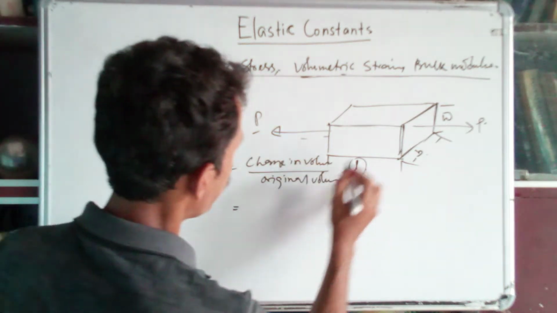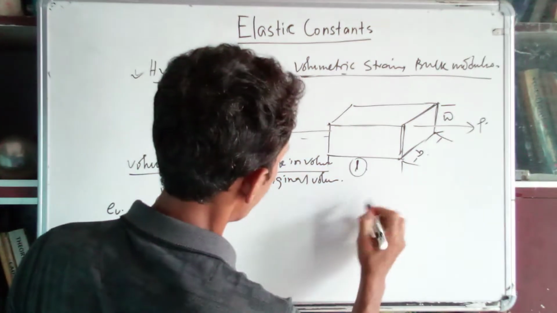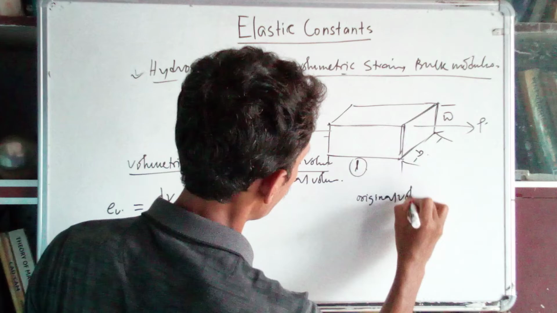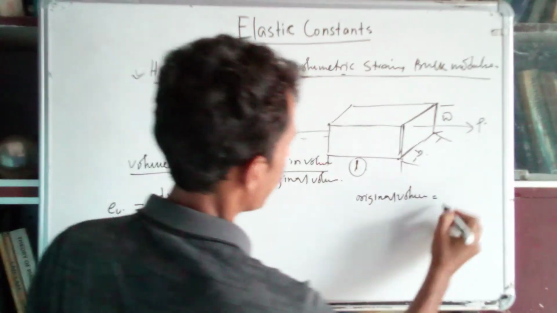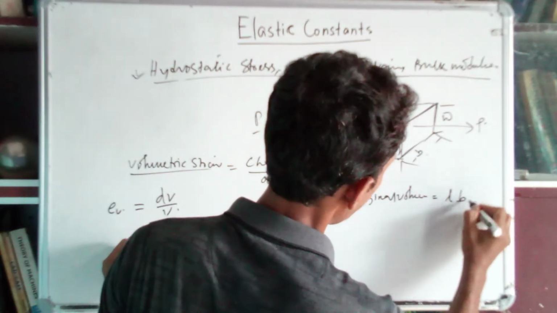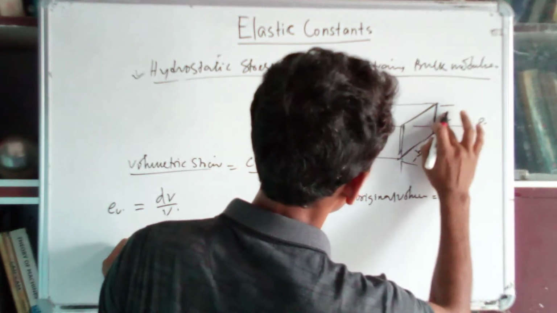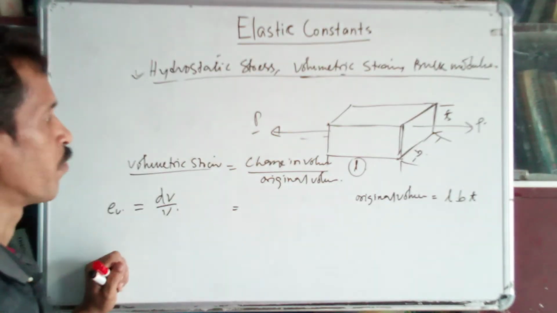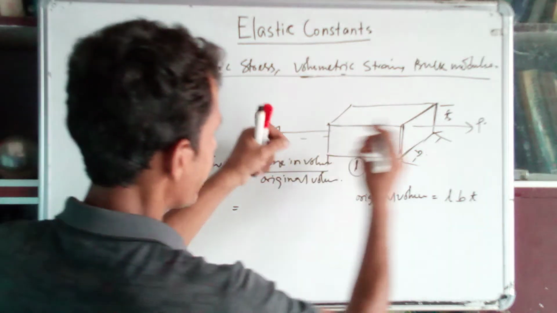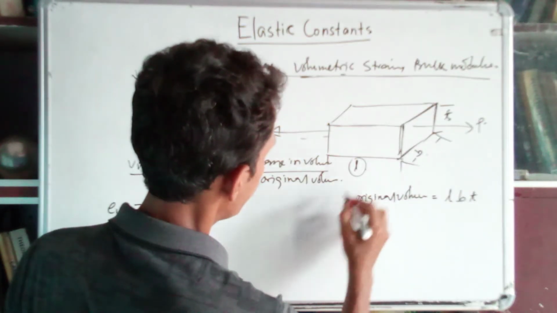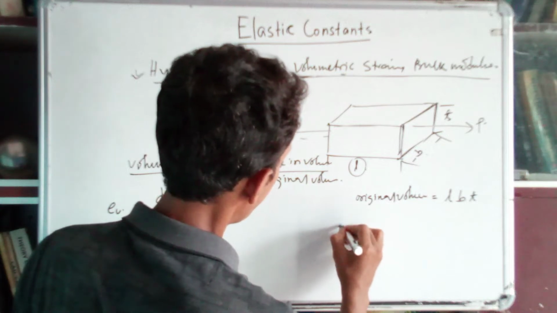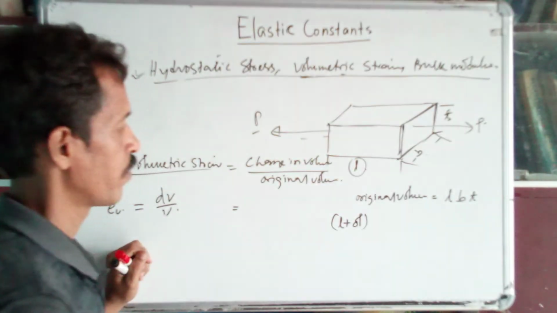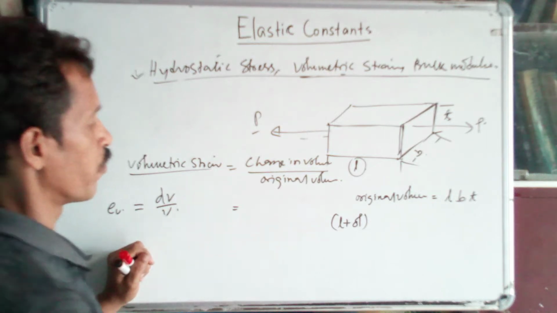Now initially, if you consider the original volume, L, B, and if you consider this is T, so L B T is the original volume. Now due to the axial load, the dimensions change. We only consider the change in volume.